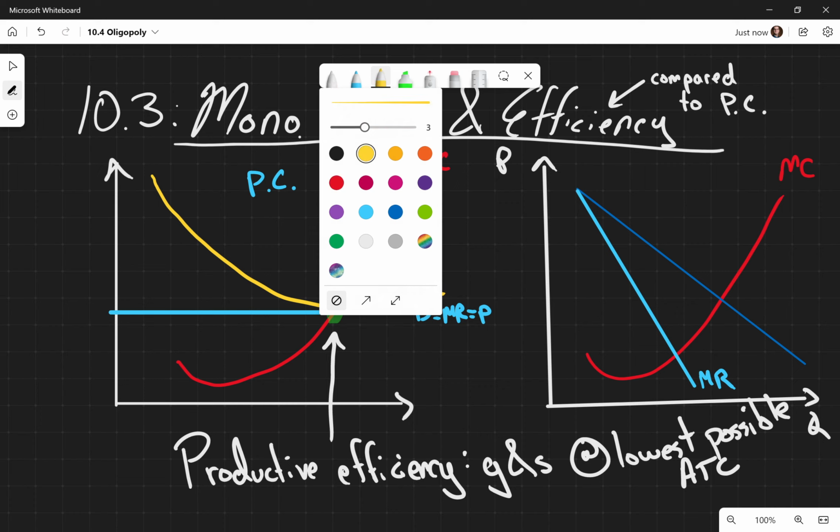And then we still have our average total cost curve, and I'm going to draw it in a certain way.